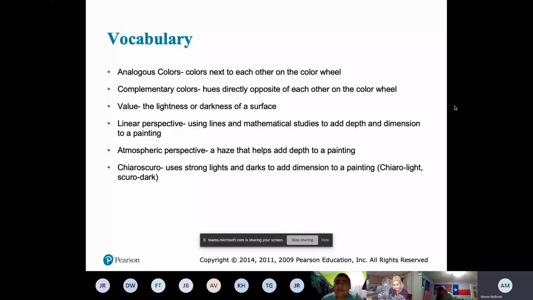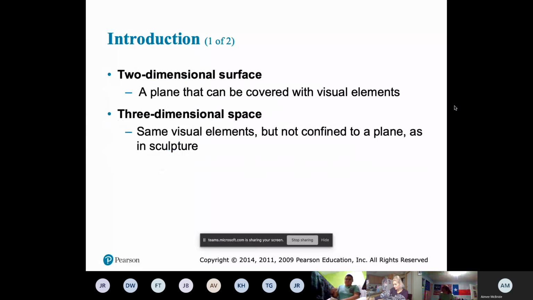Okay, so we're going to move on to all of the tools that we're going to be studying in this section. Oh, I forgot about this slide. Okay, so in case you haven't caught on, a two-dimensional surface is something that's flat, such as paper.